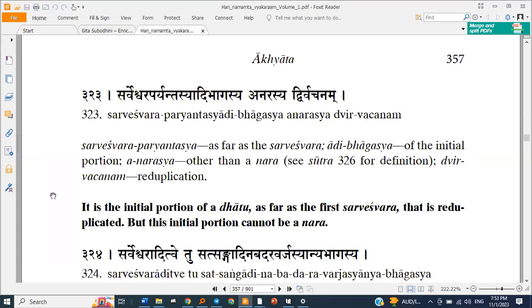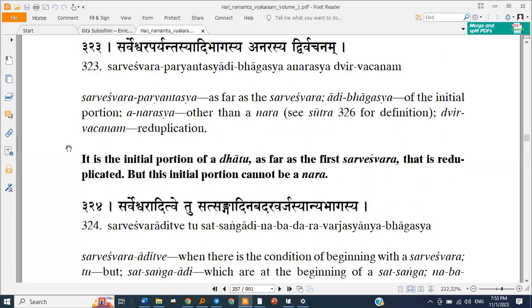The next sutra says, Sarveshwara Paryantasya Adi Bhagasya Anarasya Dvirvachanam. Now it is the initial portion of a dhatu as far as the first Sarveshwara. Like in case of bhu, it is the entire dhatu which is reduplicated, which is doubled.